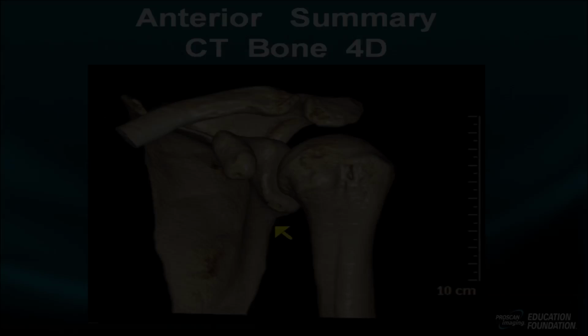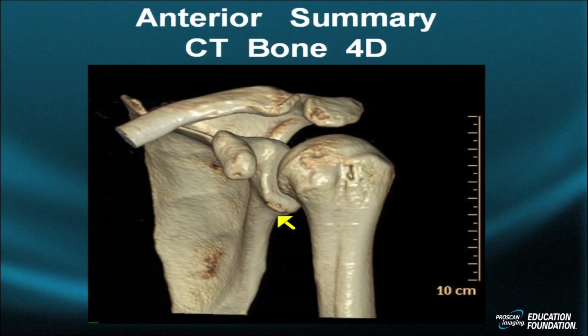Let's look at an anterior summary now. This is a four-dimensional CT showing 3 dimensions but also surface as well as volume rendering. And in the antero-inferior quadrant, a focus of bony irregularity suggests that this dislocating athlete has a small bony component to their injury.